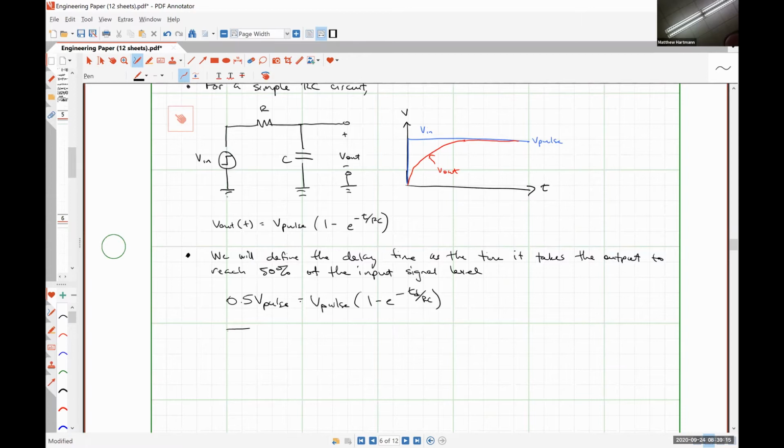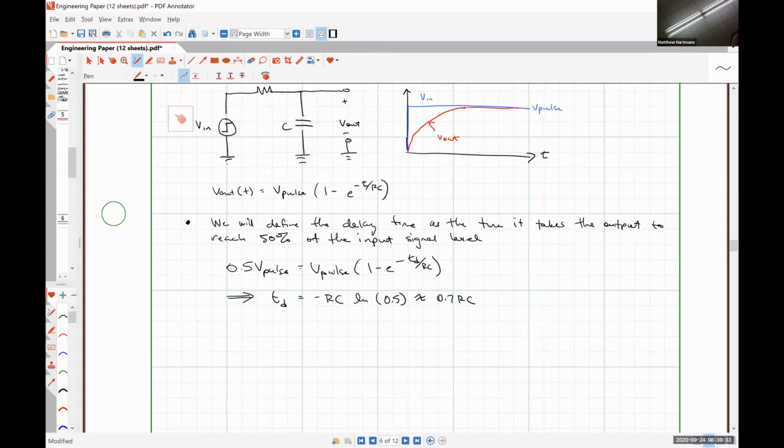And we can solve this and find that our delay time, td, is simply negative RC times the natural log of 0.5, which is approximately 0.7 RC.